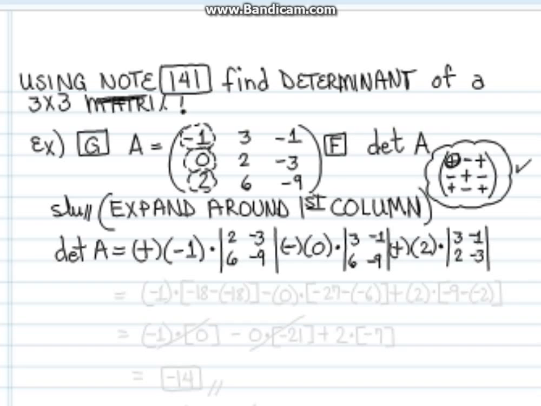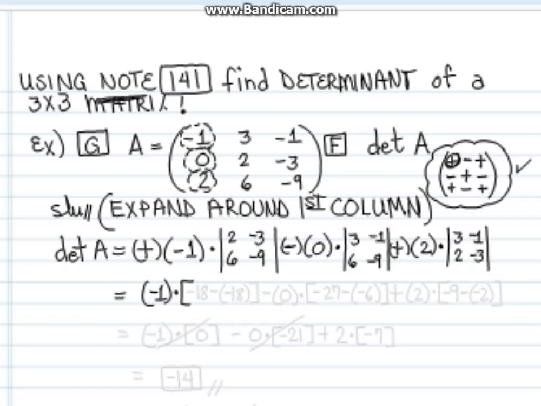Okay, so that means that we have, this is equal to positive -1. In other words, positive 1 times a -1 is still -1 times, okay, let's take the determinant, put a bracket here, cross product minus cross product.